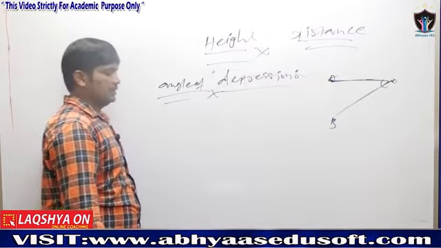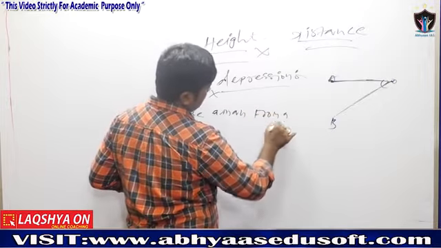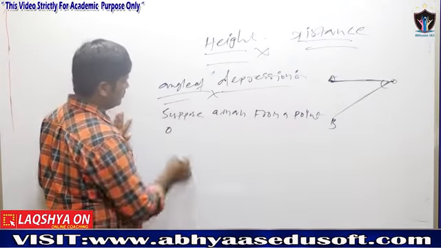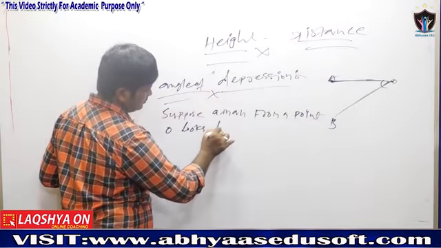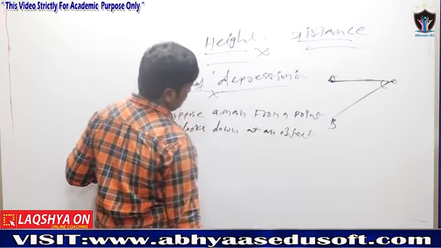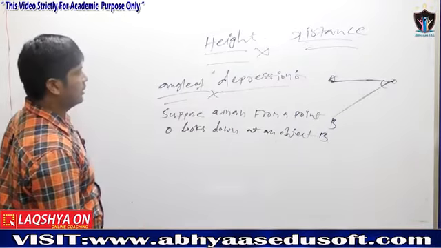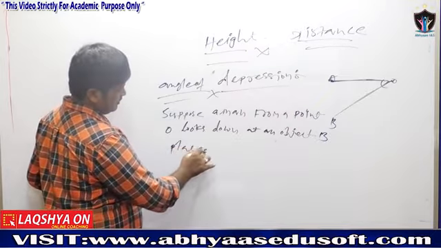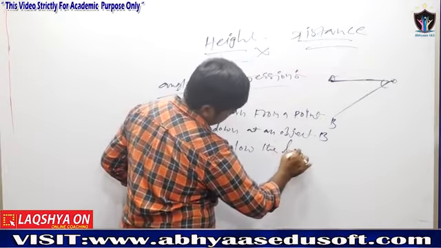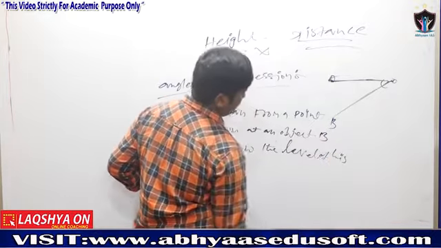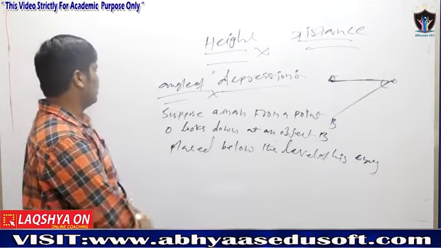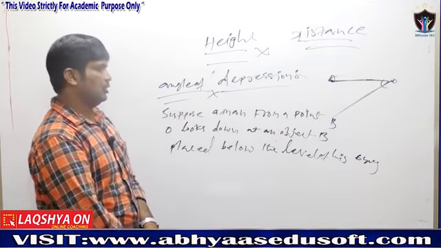So the definition we can write like this: suppose a man from a point O looks down at an object B placed below the level of his eyes.